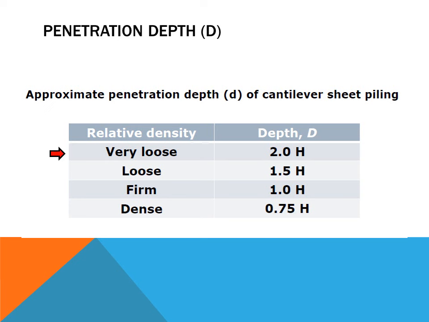Or if this is a loose material, we can have 1.5 times the height of the retained soil. Or if the soil is firm, then we can have 1 times. Or if the soil is considered dense, then we can have 0.7 times the height of the retained soil.